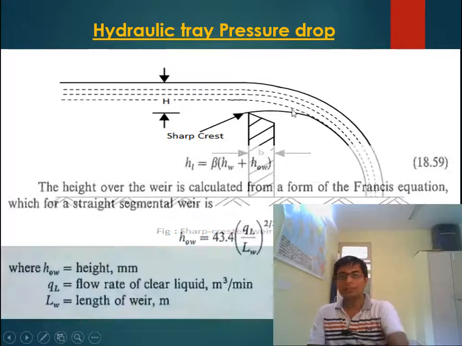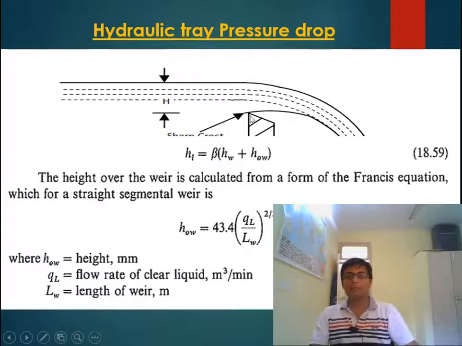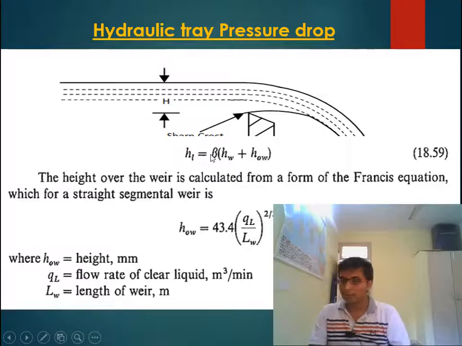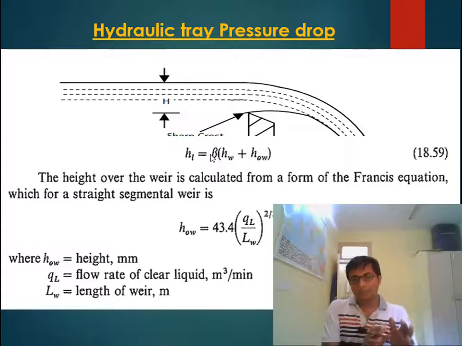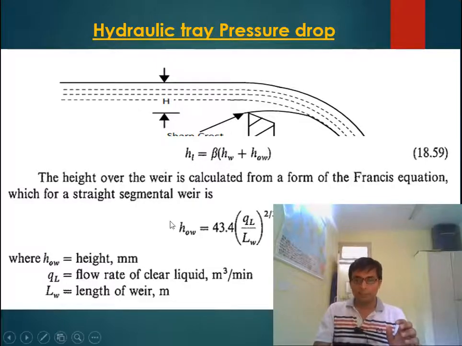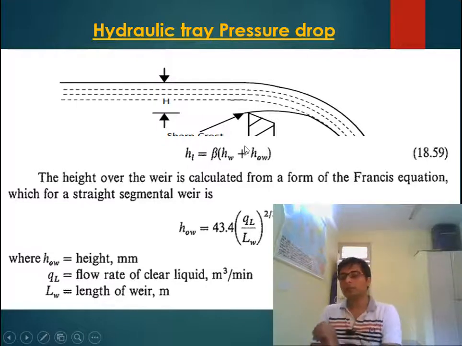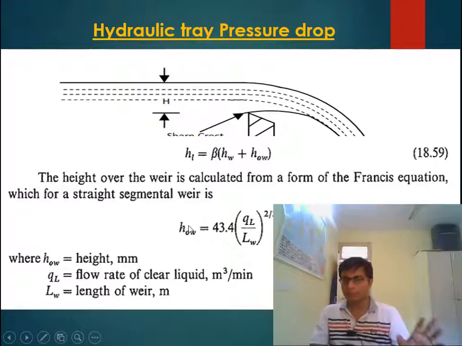So that can be calculated when we multiply the weir height by some adhesion factor. In that way the clear liquid height will be the adhesion factor times the weir height plus HOW, that is the height over the weir, that is the crest height. But here in McCabe and Smith they have multiplied HW plus HOW times beta.